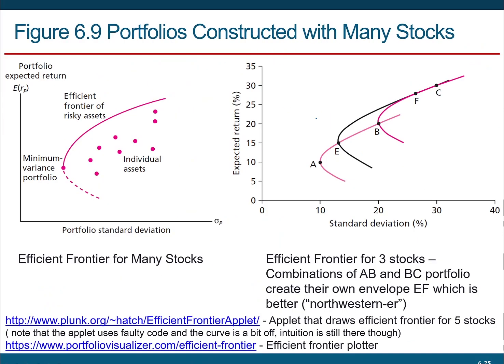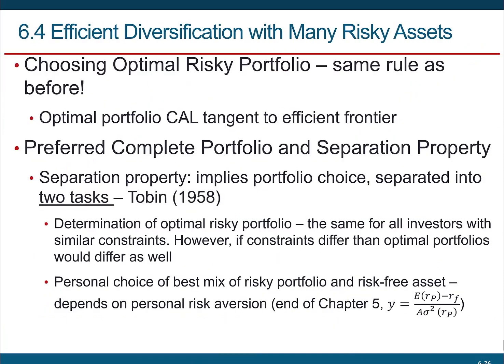This is called the separation property. So our portfolio choice is separated into two tasks. Our first task is what the quants and CFAs do.